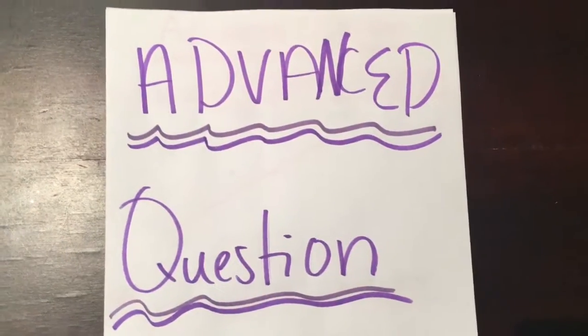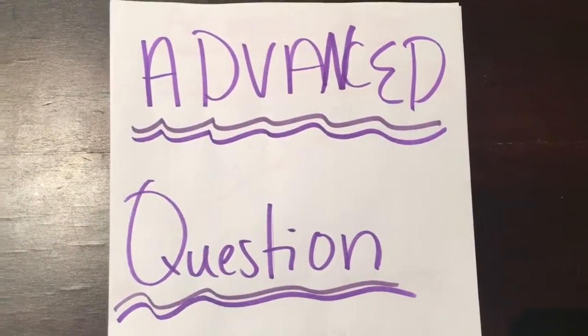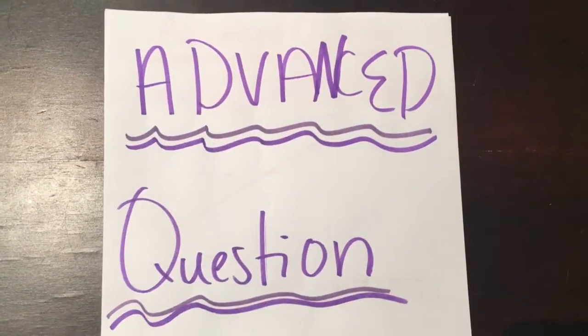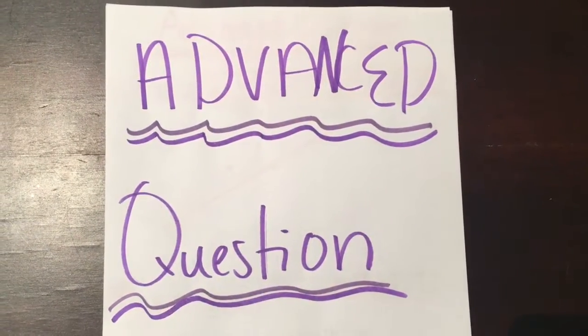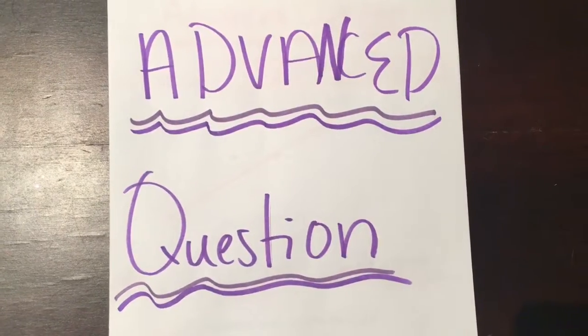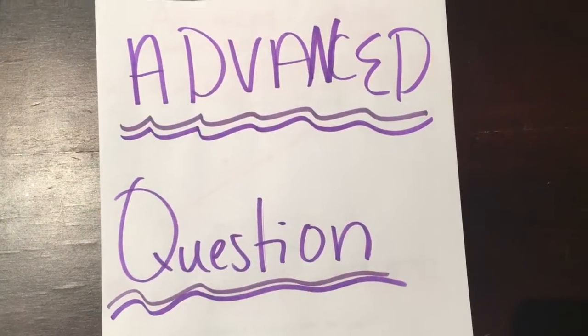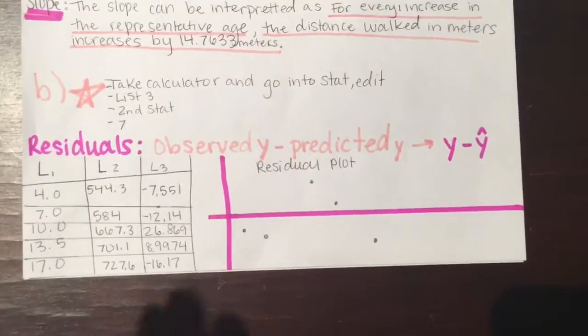For the advanced question, part B, it's asking to compute the residuals and construct a residual plot. Determine if there are any unusual features in the residual plot as well as their meaning. What does it mean if there are no unusual features? For part B, I took my calculator.